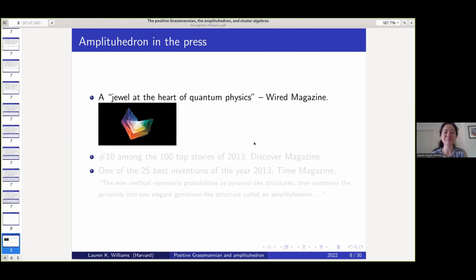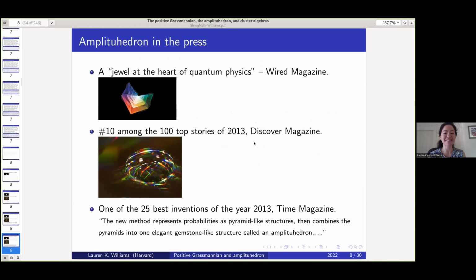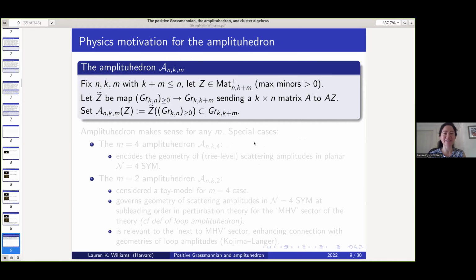It's featured in Wired magazine, Discover magazine, and Time magazine, one of the 25 best inventions of the year 2013. All right, so back to the amplituhedron.